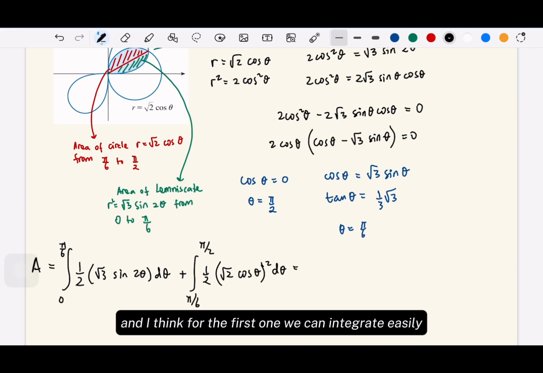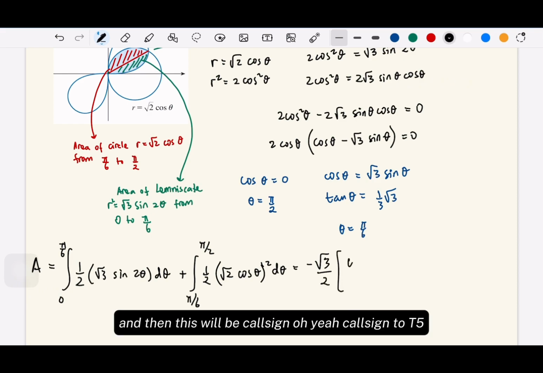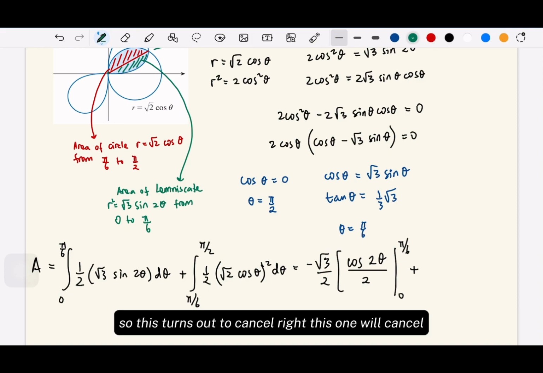And I think for the first one, we can integrate easily. Sine 2 theta becomes a negative, right? Negative cosine, right? So maybe the minus will come out like that. And then this will be cosine 2 theta over 2 from 0 to pi over 6. And then plus. So this one will cancel.